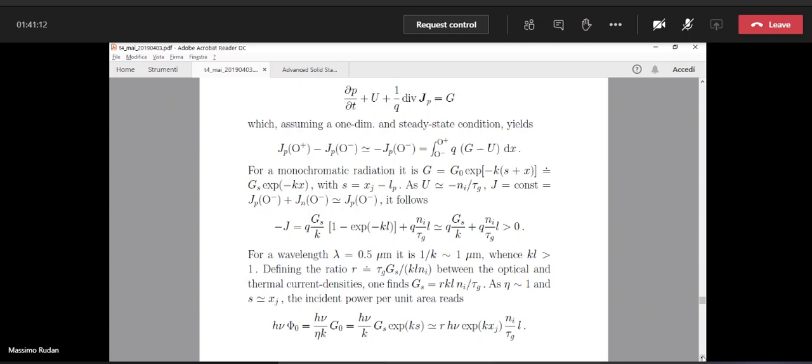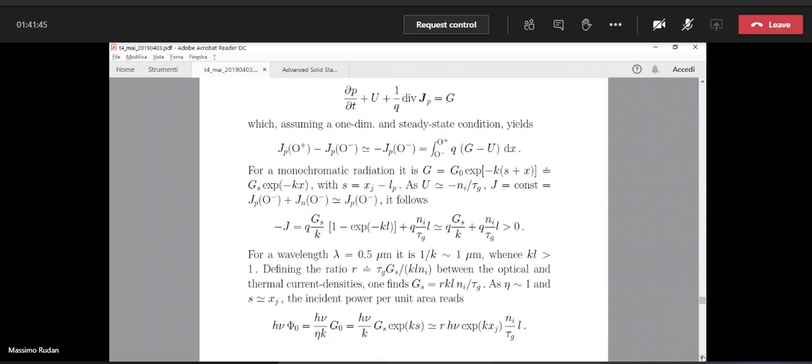For the moment, let's make a little calculation relative to the photodiode working in the continuous mode, okay? We simply solve the continuity equation for one of the two possible carriers. For instance, we use the holes, okay?